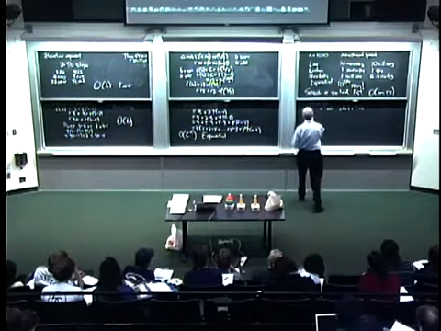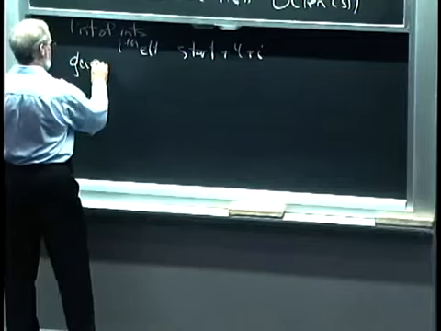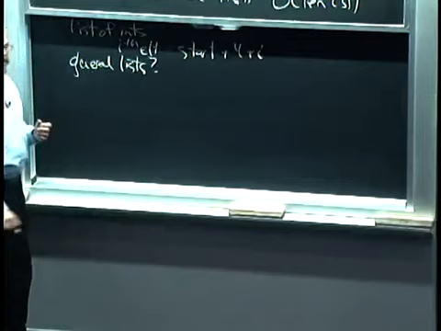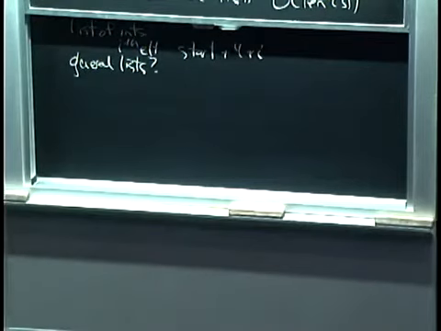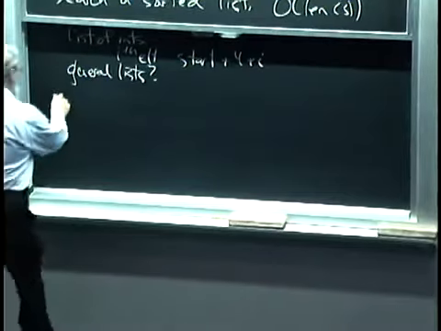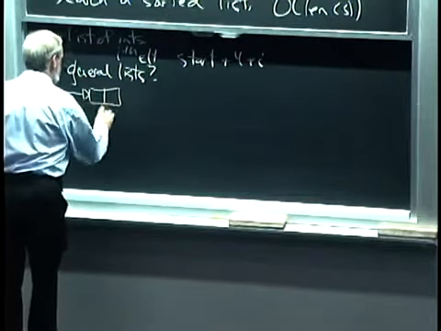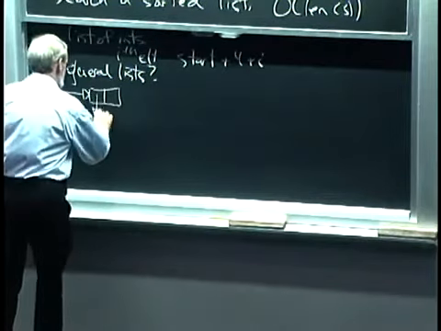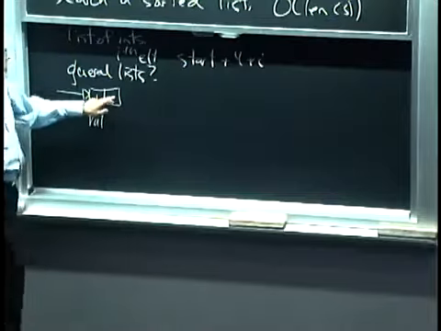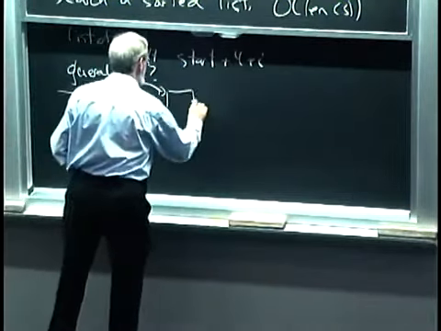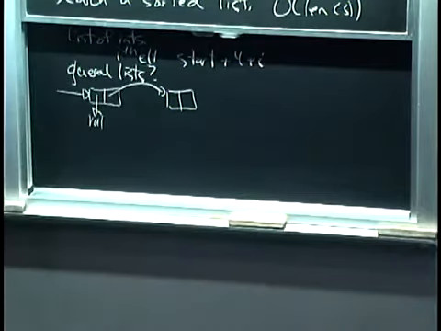And in that case, for general lists, I need to figure out what's the access time. And here I've got a choice. One of the ways I could do it would be the following. I could have a pointer to the beginning of the list where the first element here was the actual value, and this would point to the next element in the list.